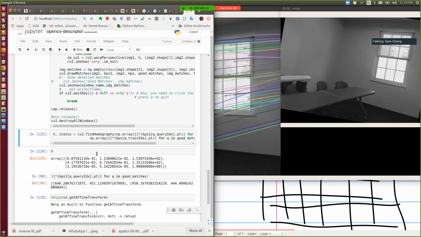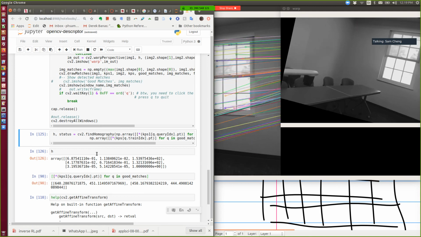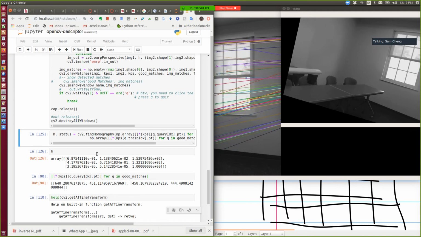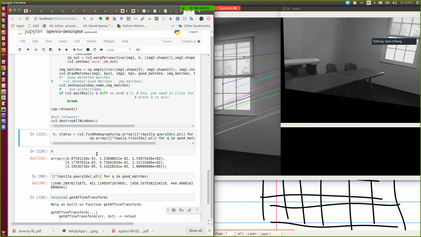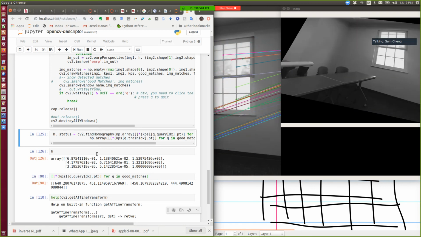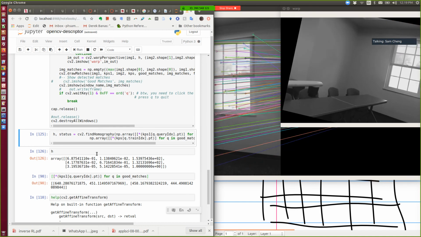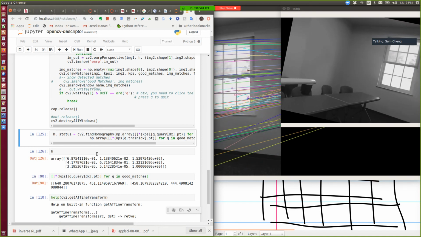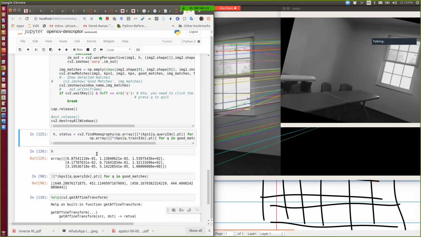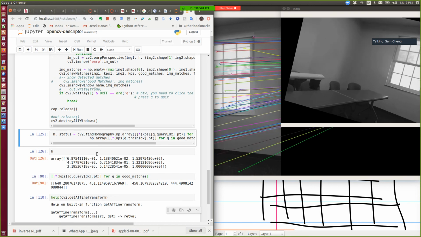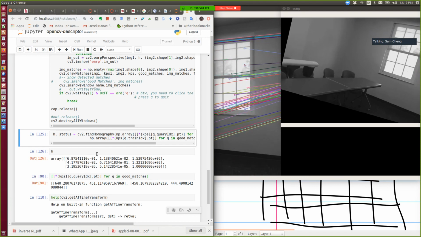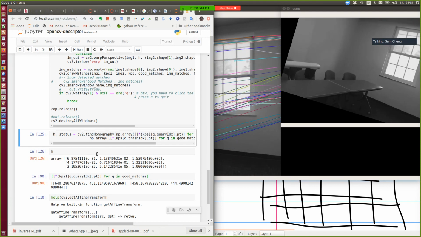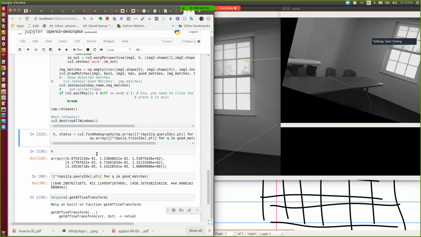So let's see, I think I'm trying to warp the original photo to, oh okay, I'm getting quite confused about what I did. I'm warping which one? I get confused. I think I'm warping the capture. No, I think it's not.